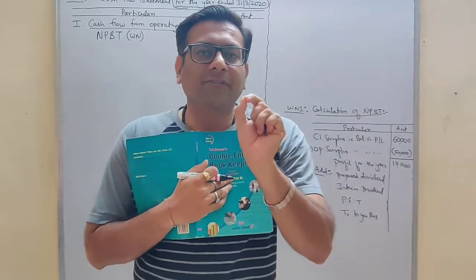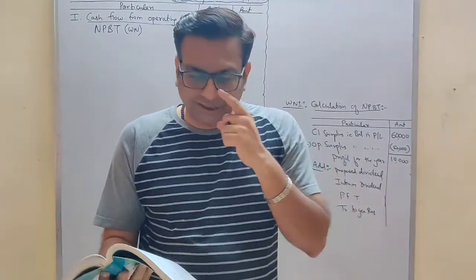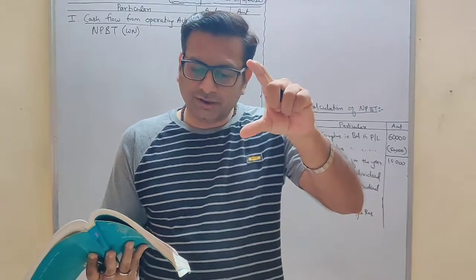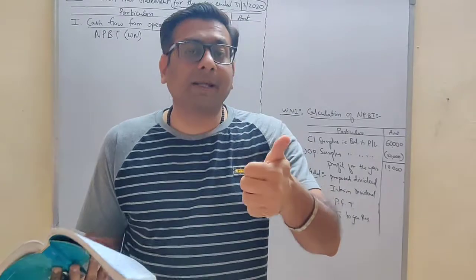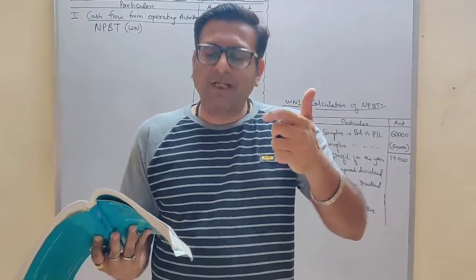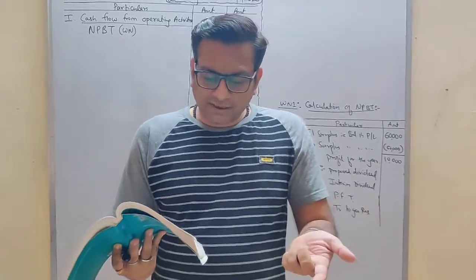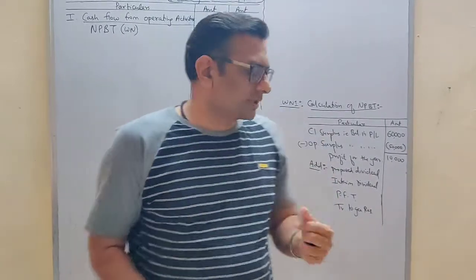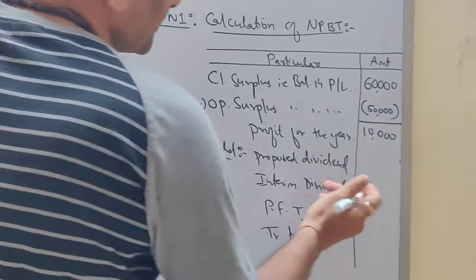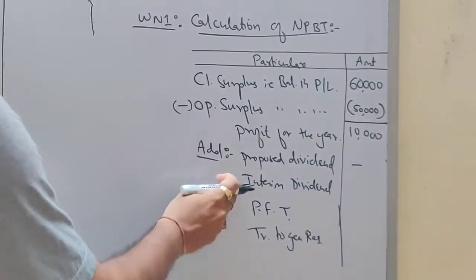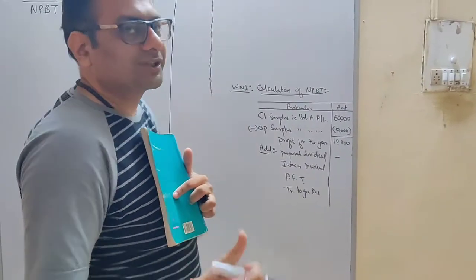They will give you short term provision. Let's find out whether in this question they have given it. In this question under current liability they have given trade payable and other current liability. This means they have not given us short-term provision, they have not given us proposed dividend. So put dash.